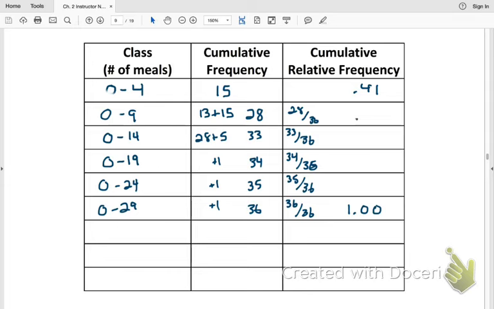So these are the values that I calculate here. And so that's a cumulative relative frequency distribution. You can see pretty straightforward, and we'll end up using something like this here shortly.